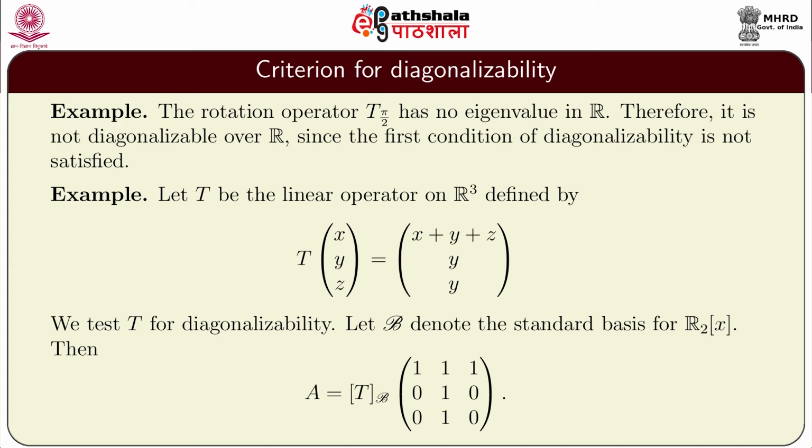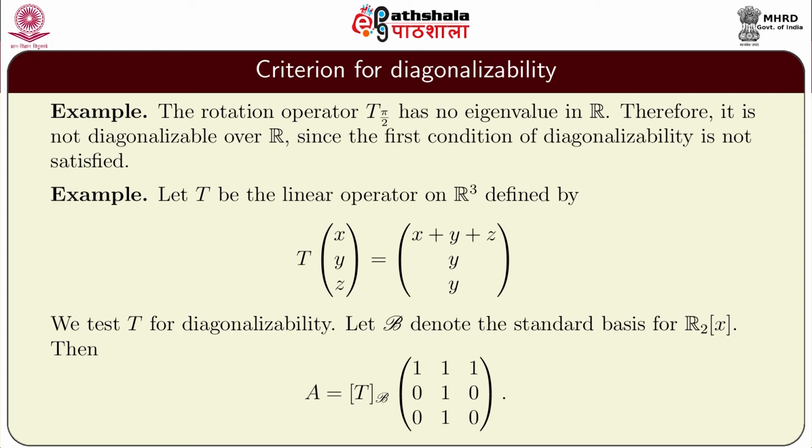Let us see some simple examples. The first one talks about the rotation operator T pi by 2, which we have seen a number of times, and we have already checked that T pi by 2 has no eigenvalue in R. Therefore, it is not diagonalizable over R. Why? Because the first condition of diagonalizability is not satisfied.